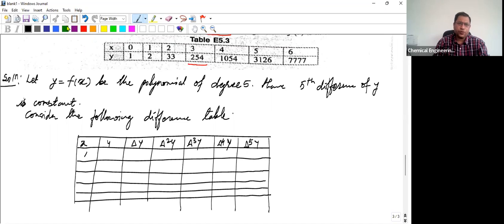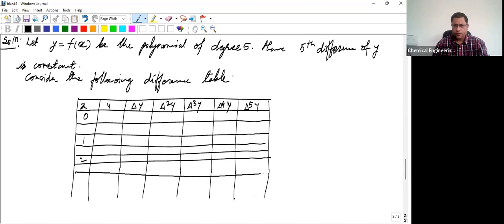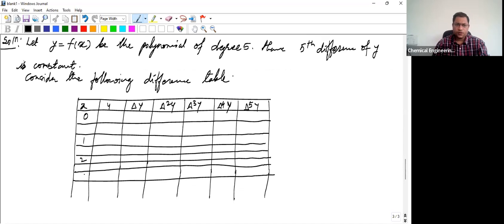We have 0, 1, 2, here it's going to be 3, here we have 4.